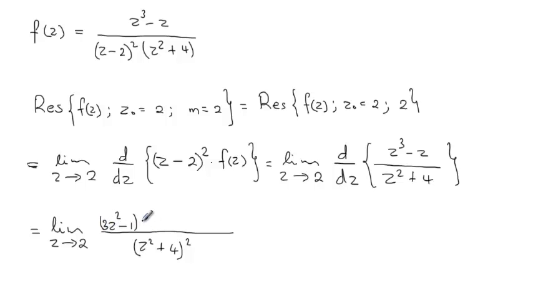in brackets, z squared plus 4, minus z cubed minus z multiplied by 2z, in this case the derivative of the denominator.